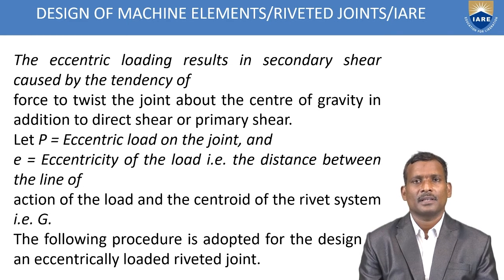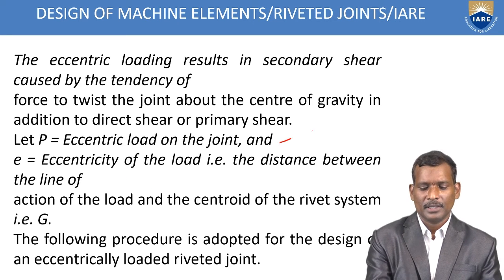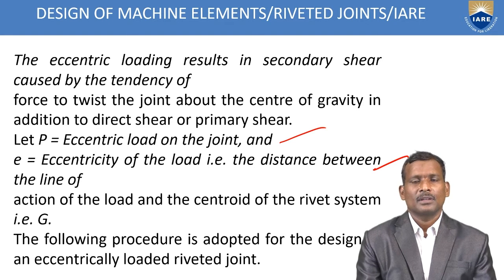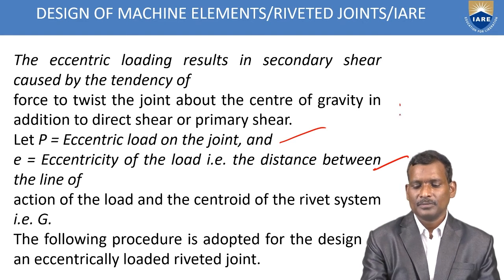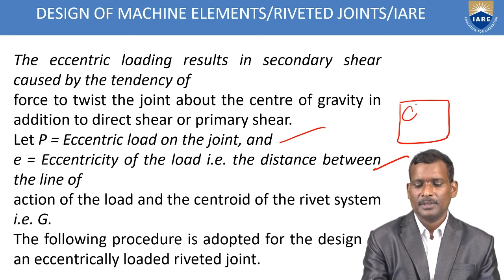Here, let P be the eccentric load on the joint and e the eccentricity, the distance between the line of action of the load and the centroid of the rivet system. Suppose one plate is there and the rivets are located like this.